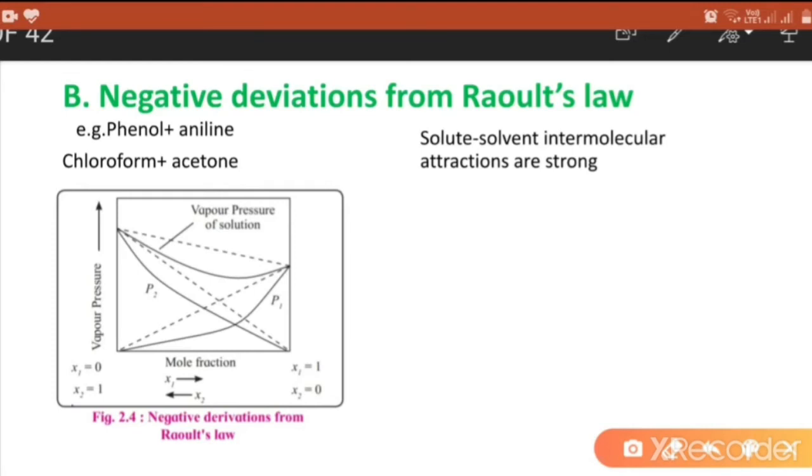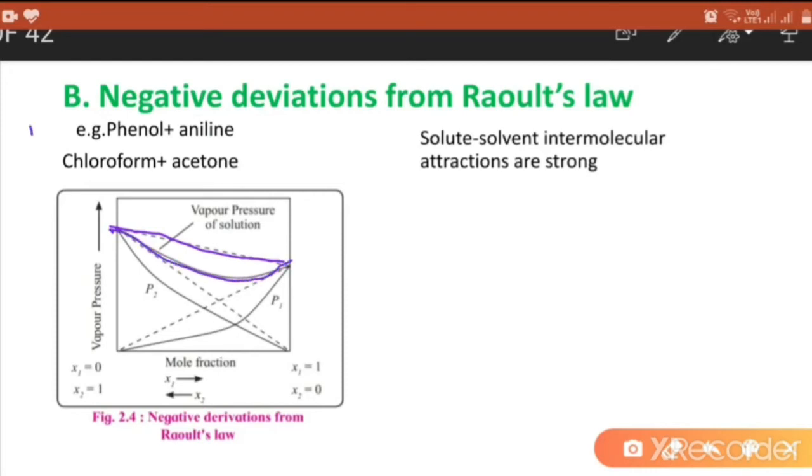And the mole fraction of the second component is 1, and it becomes 0. This is the graph, and this is negative deviation. And this is the graph of vapor pressure of solution, and this is negative deviation.